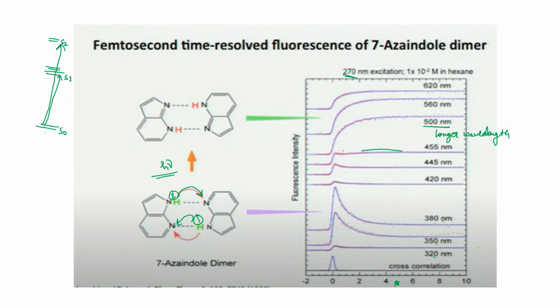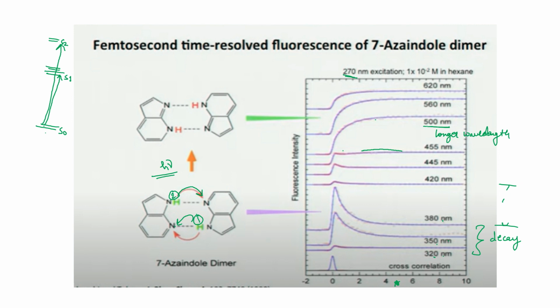So basically, with the 270 nanometer excitation, you see something at 320, 350, 380 and beyond that is a decay signal, which states that some state which had emission in this range is decaying.